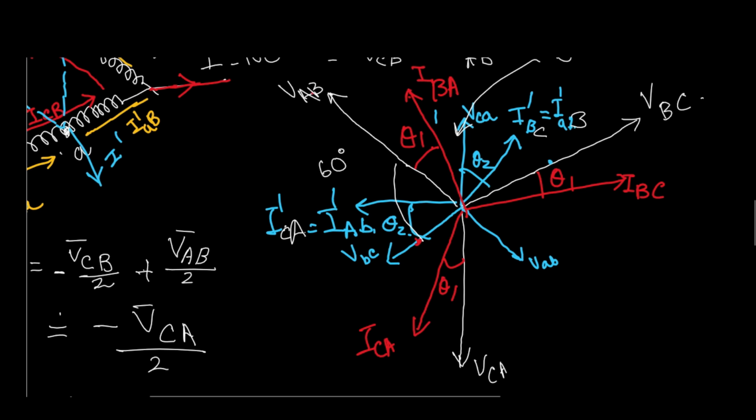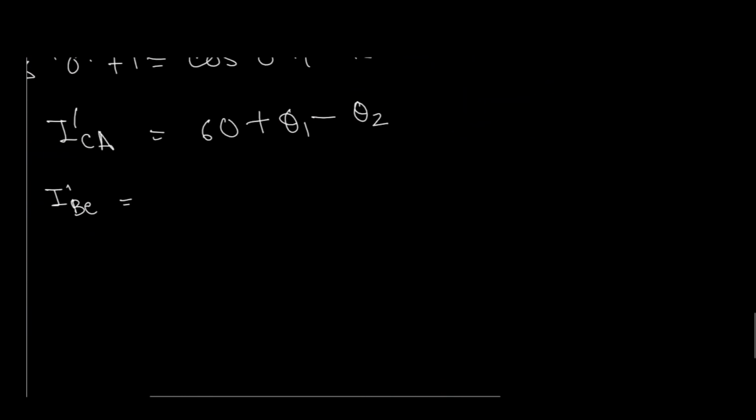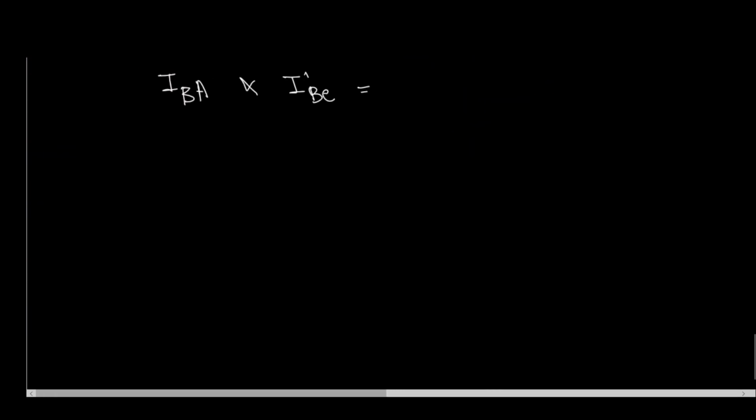I dash BC is making an angle, this one. How much is this? This is also 60° and this one is theta 2. So if you measure the angle between VAB and I dash BC, you get 60 plus theta 2. So this one is 60 plus theta 2 minus theta 1.